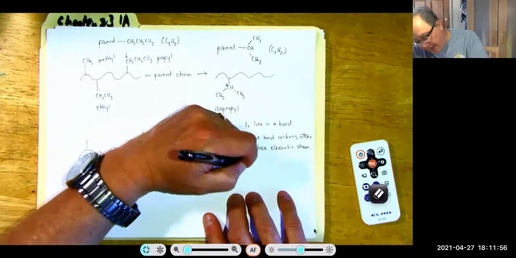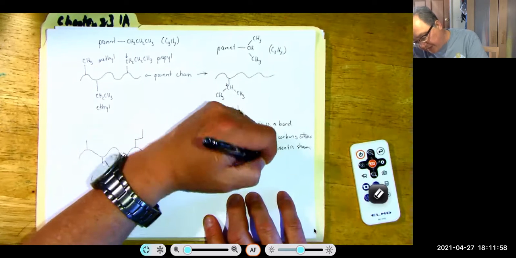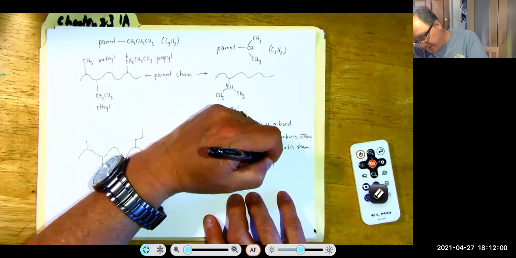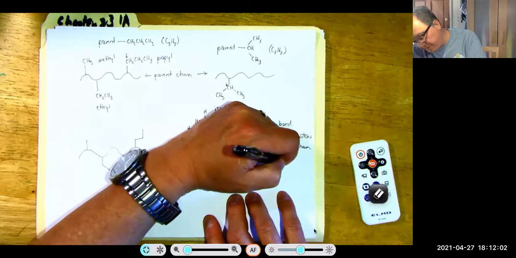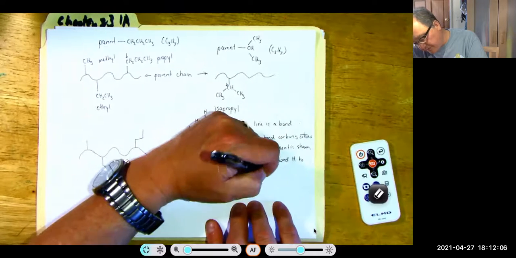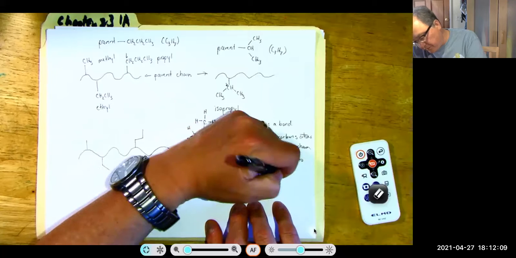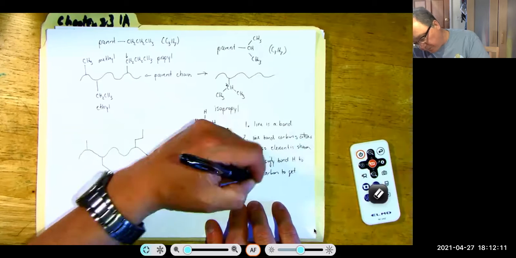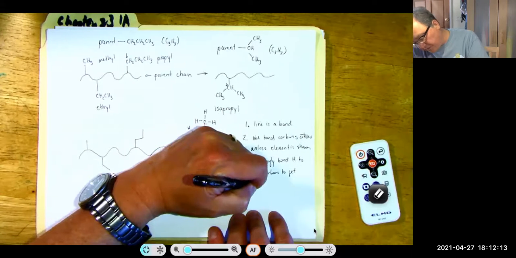And then third, you add singly bonded hydrogens to each carbon to get 4 bonds to each carbon.